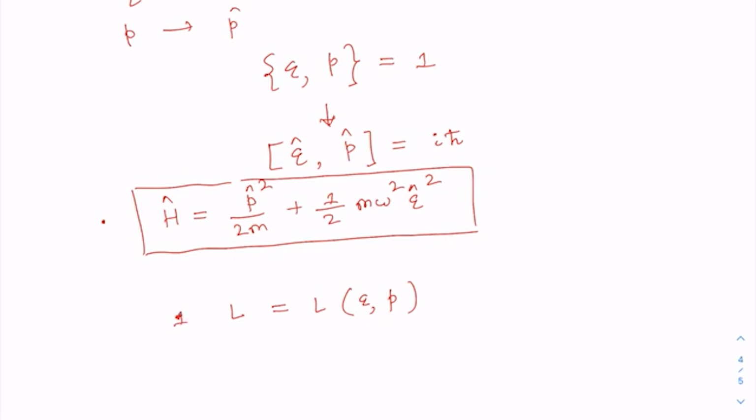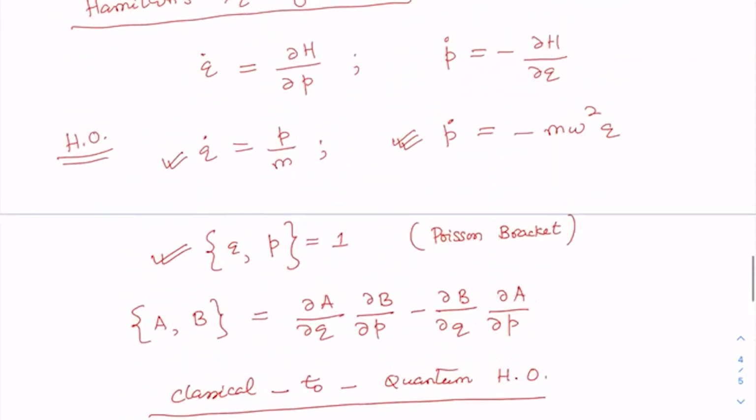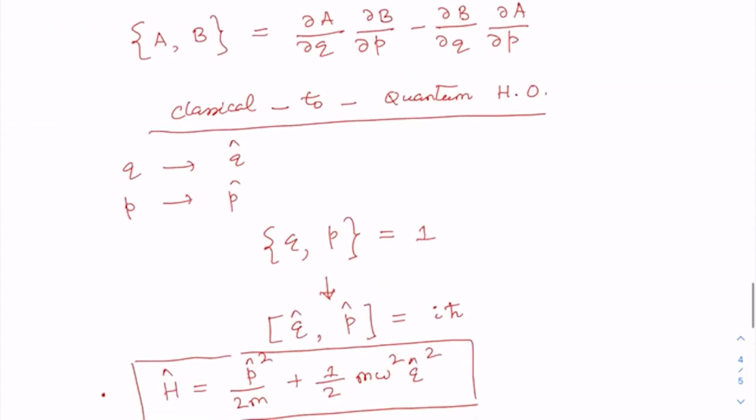So first thing is that we need to know the Lagrangian, which would be a function of q and q dot. Then we need to find out the Hamiltonian, and once we find the Hamiltonian, we need to dig out the canonically conjugate variables, because these conjugate variables are going to satisfy Hamilton's canonical equation of motion.